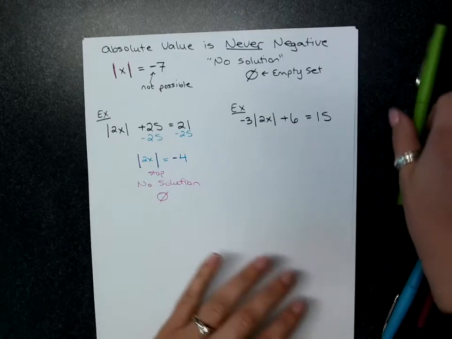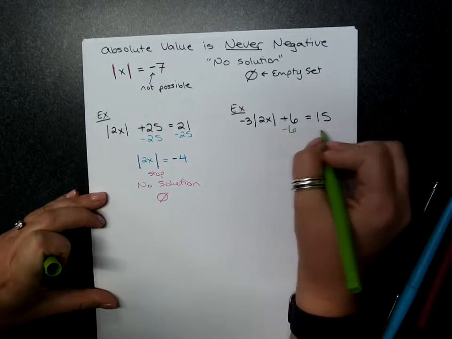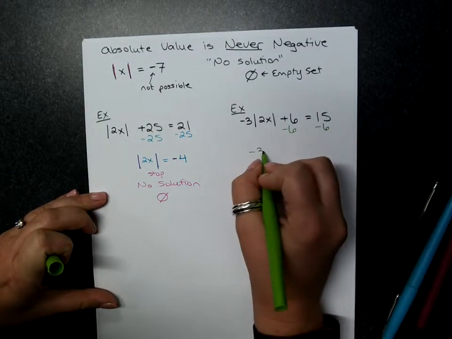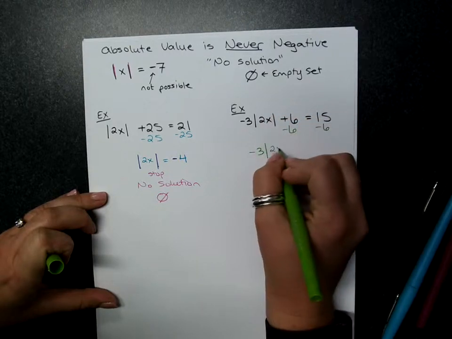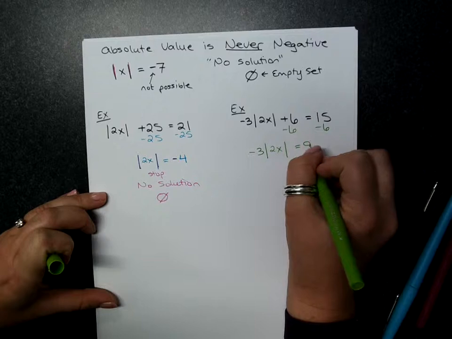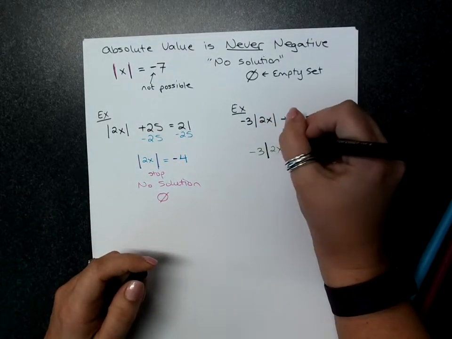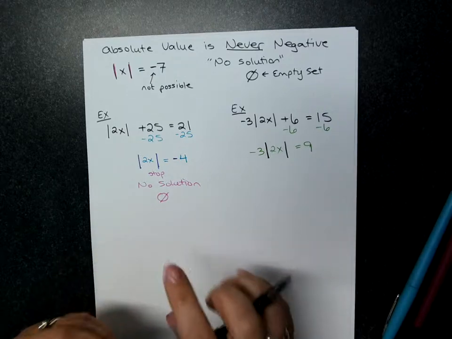Same idea over here. Right now this looks okay. We will subtract 6. We get negative 3 times 2x equals 9. It still looks okay. We have absolute value here equals a positive number.